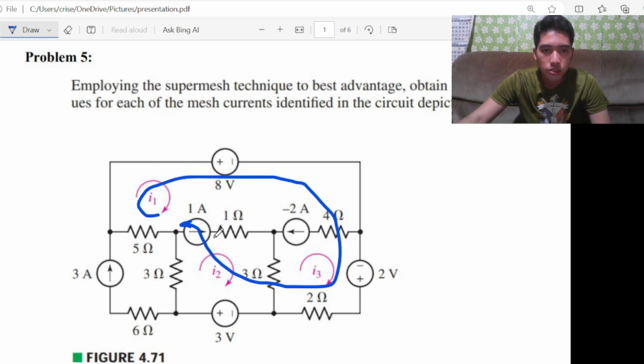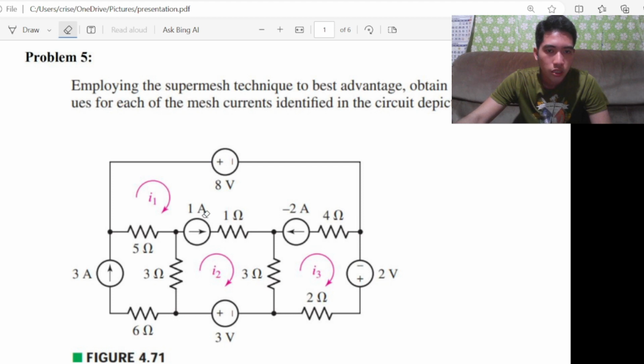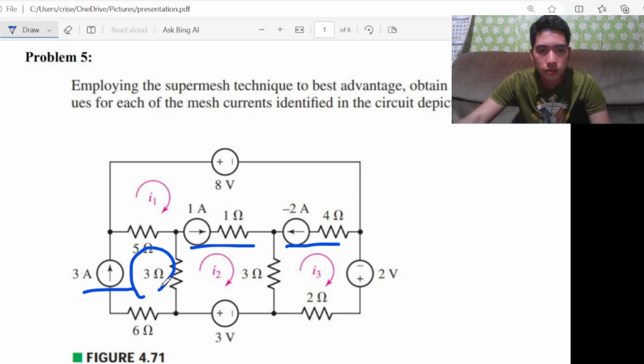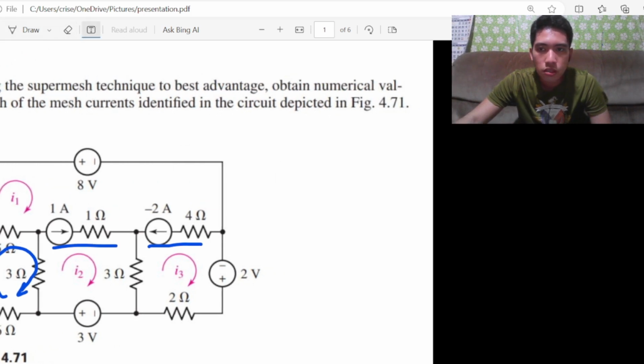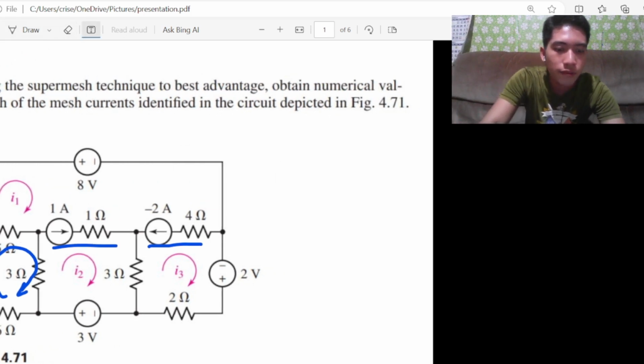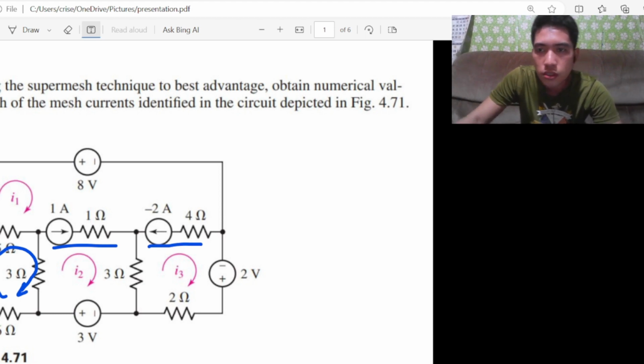We must also label this source as an independent loop going around in the clockwise direction. So we'll label that as I4. So I4 is equal to 3 amps.